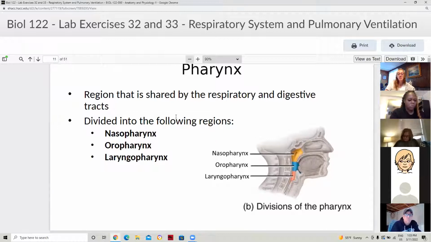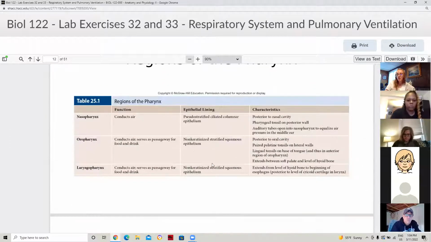The pharynx. So this is the nasal pharynx right behind the nasal cavity, includes the auditory tube, the opening of the auditory tube. The oropharynx right behind the mouth, and the laryngeal pharynx. So the nasal pharynx, main function, it conducts the air.